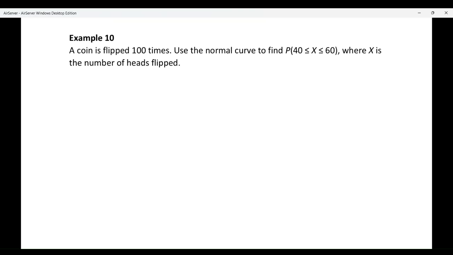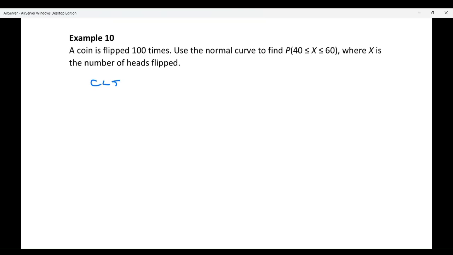We could do this using a binomial distribution, but where possible, we prefer to use normal distributions over binomial.